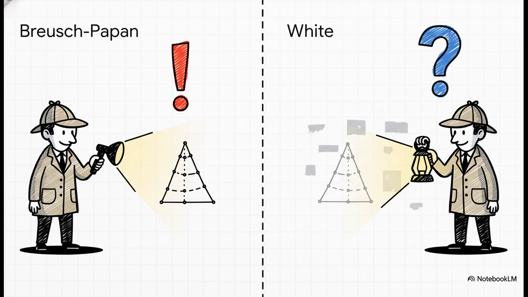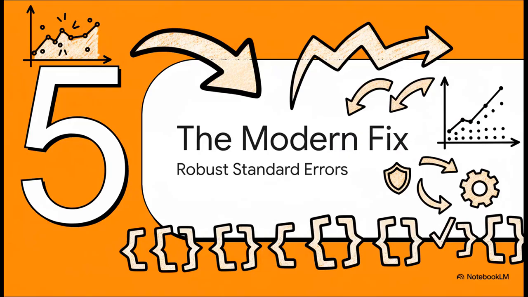The specialist detective Breusch-Pagan was perfectly designed to find that specific clue, and it confidently raised the alarm. But the generalist detective White was so busy checking every nook and cranny of the model that it just missed it. Its power was too diluted to find the evidence and declare it statistically significant. Okay, so mystery solved. Breusch-Pagan was right.